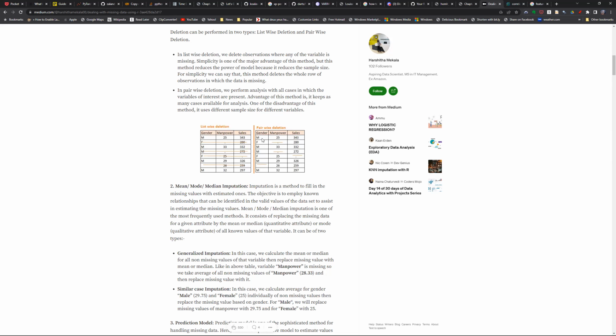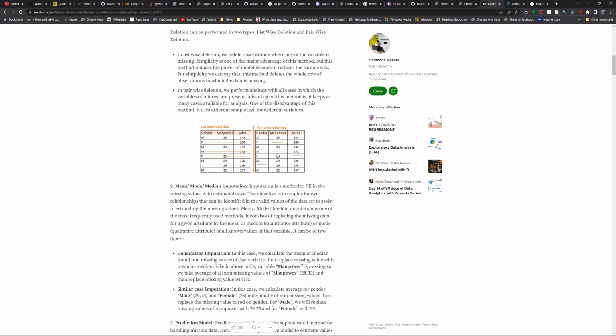So that reduces the amount of rows that you're going to be deleting. But this only applies to that particular insight, where you're using certain variables only.